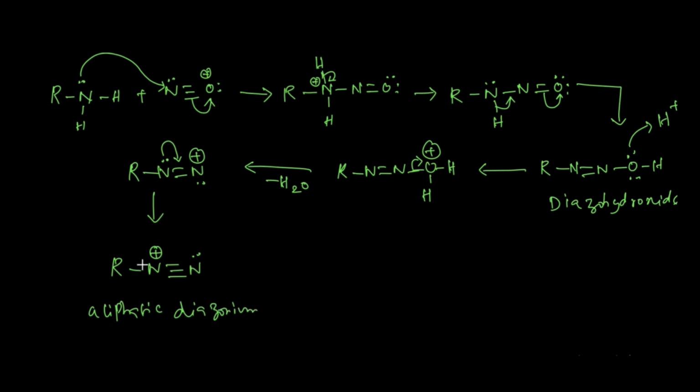Now this is highly unstable when the R is alkyl, and it gives a carbocation. If it is aromatic, then that will be more stable. That we will discuss later.